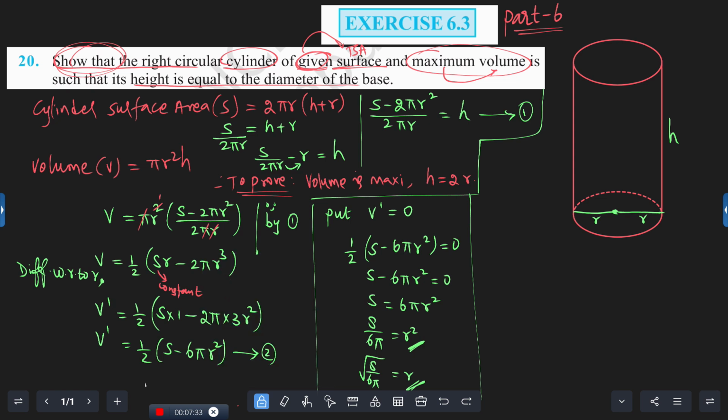We need the double derivative to say maximum. Now we will find the double derivative.